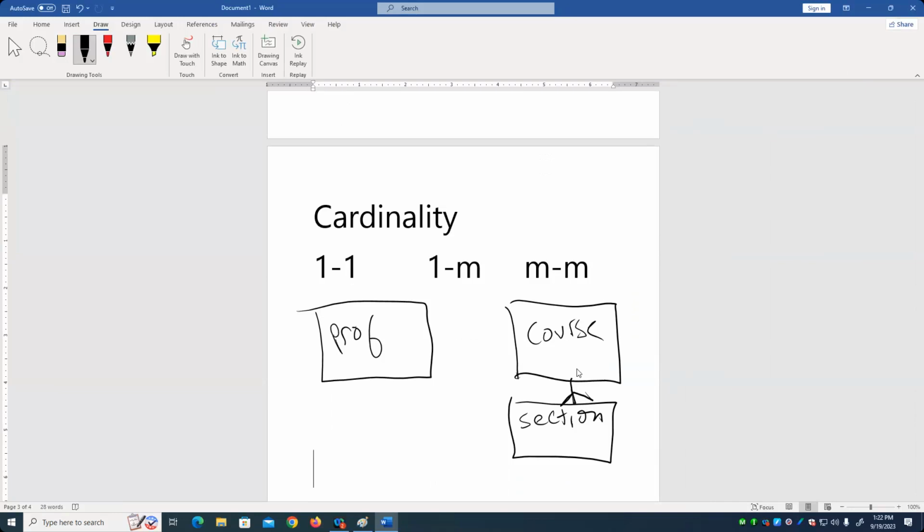What does that mean? It means that one course can have, doesn't have to have, but can have more than one section. However, a section is only for one course. And if you think about it, that makes sense, right? I'll give you, for instance, CISS243, which many of you probably have already taken. That's a very popular course in our department, and there are many sections of that course.